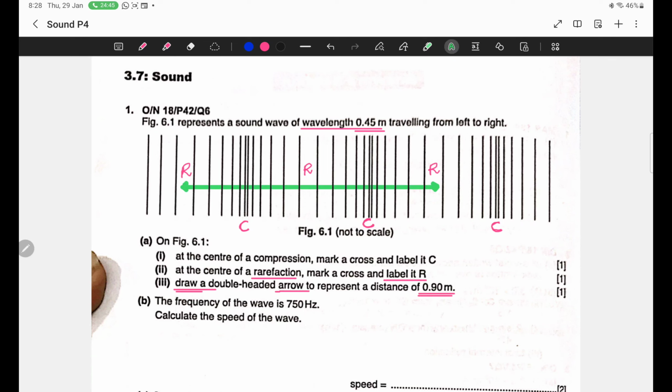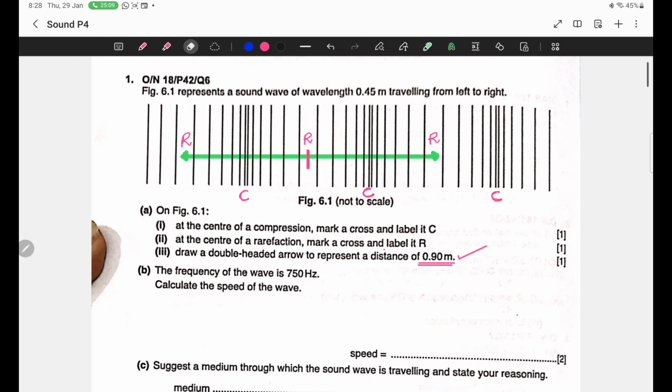Actually, this is not one wavelength. It is equal to two wavelengths, because one wavelength is 0.45 meter and two wavelengths is 0.90 meter. The question asks to draw 0.90 meter, so I have drawn not 0.45 meter, but 0.90 meter.